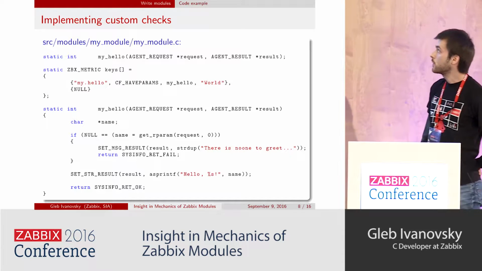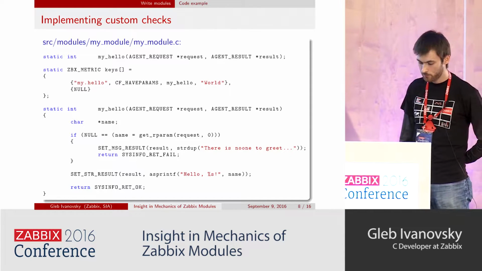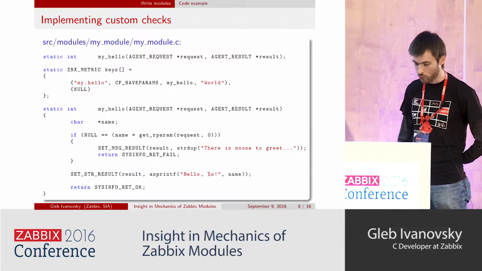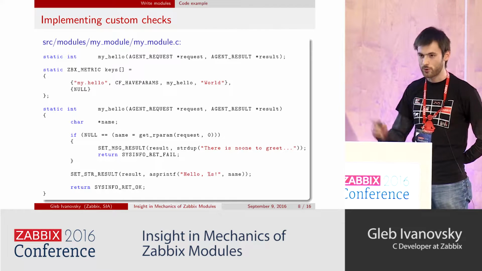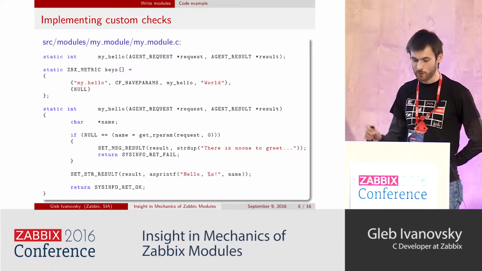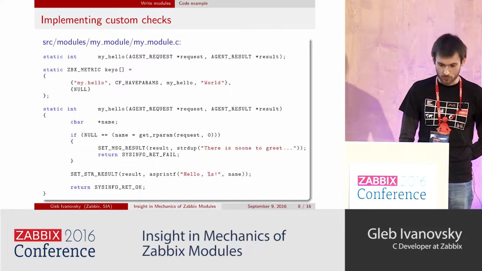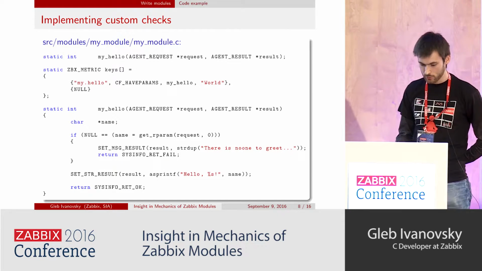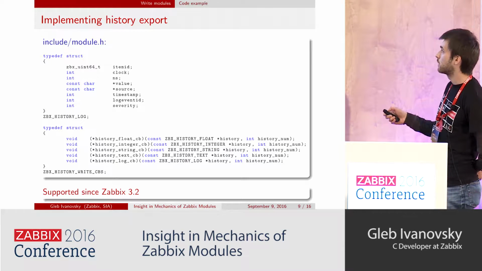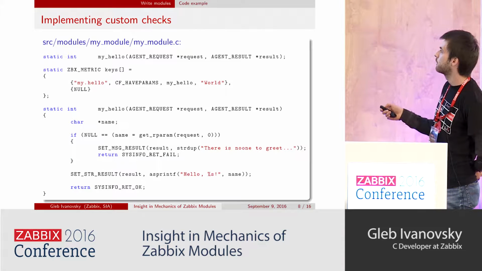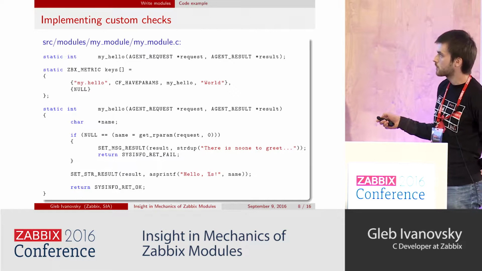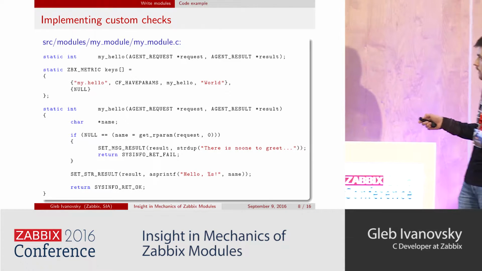Here is an implementation of a simple check. If you pass a parameter to it, it will greet the parameter. So I need to define a function which will implement this check. I need to define how Zabbix will understand it. It's the item name.